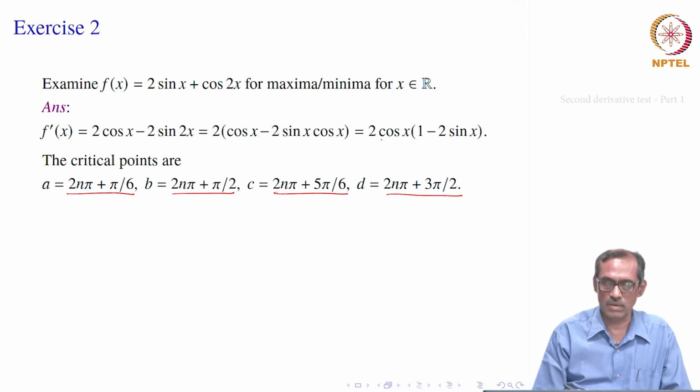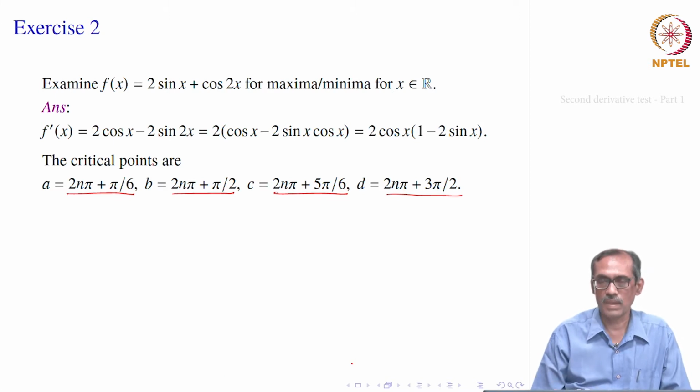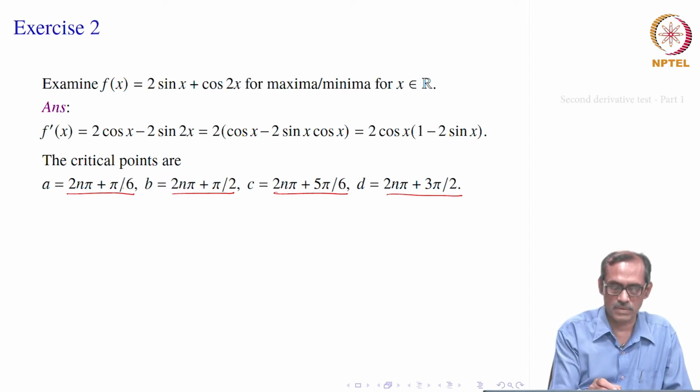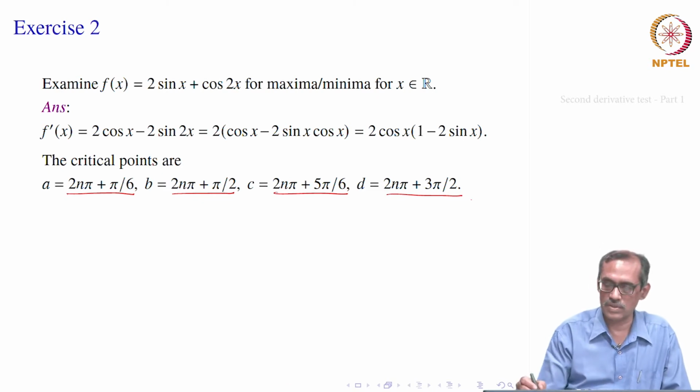Cos x equal to 0 gives x equal to π/2 or 3π/2 with 2nπ addition, for any n, n is any integer, and sin x equal to half gives π/6 and 5π/6 with 2nπ added. So, these are all possible critical points over the whole of R, where n is any integer.